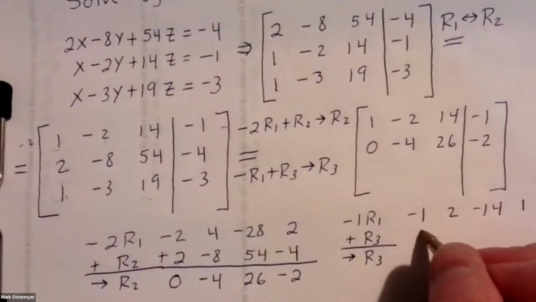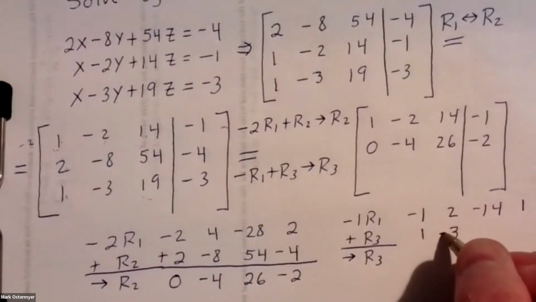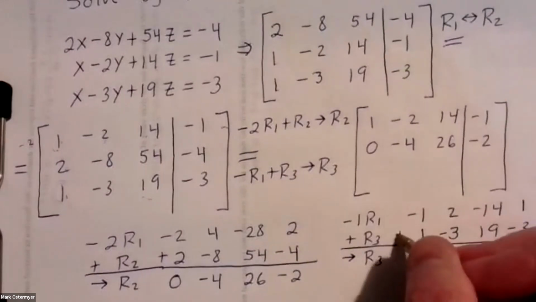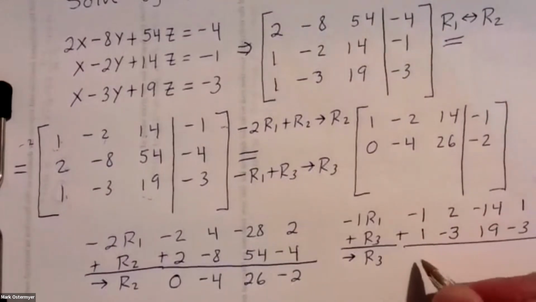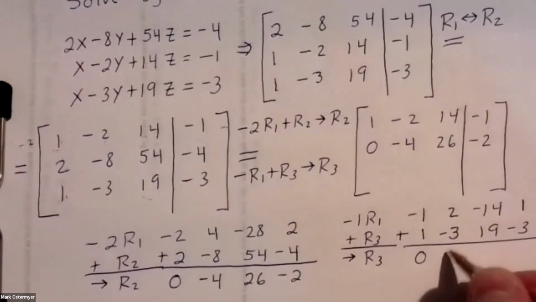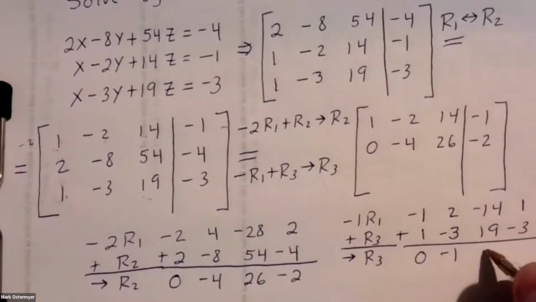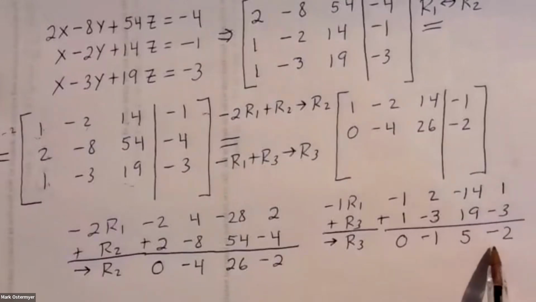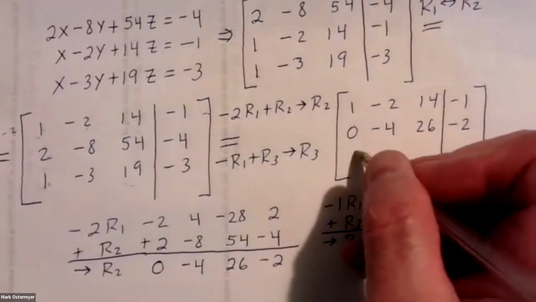Slide row 3's entries underneath this. Now add the rows together. My new 3,1 entry becomes a 0. 2 plus a -3, the new 3,2 entry becomes -1. The 3,3 entry becomes a 5, and the 3,4 entry becomes a -2. There's my new equivalent row 3. Pencil that in for row 3.